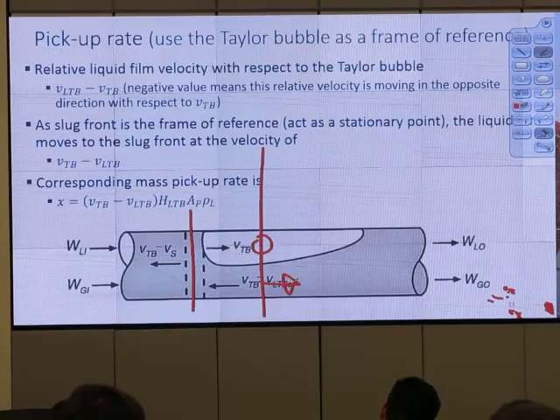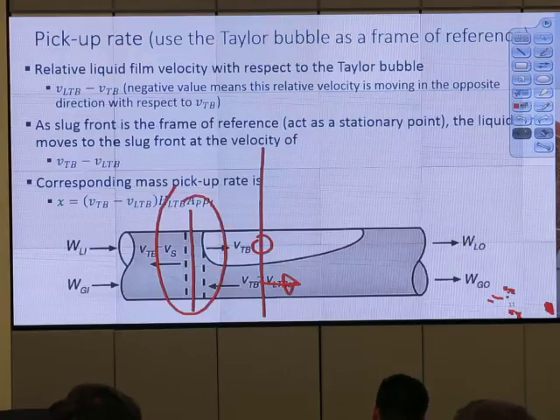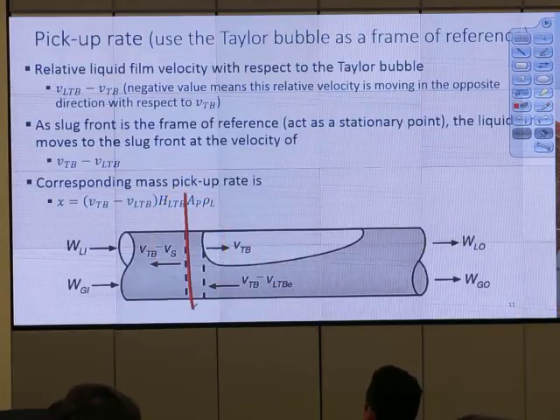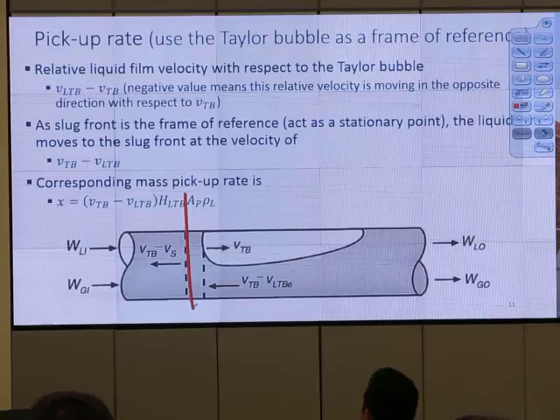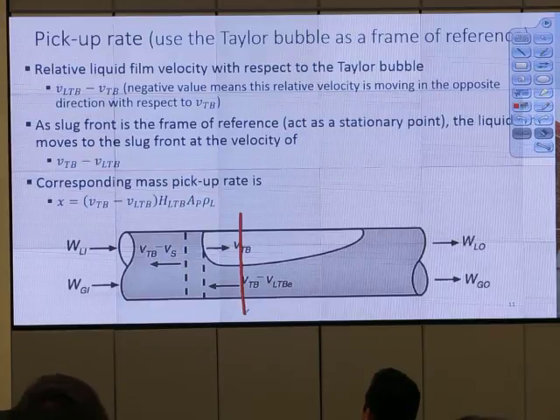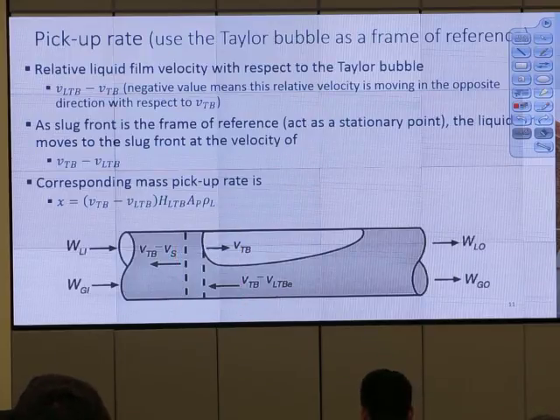If you look at the slug body, the mass flow rate may be 2 kilograms per second. But if you look at this part, the mass flow rate may be just 1 or 0.9. So at different locations in the pipe, the mass flow rate is not the same because density is not the same. Make sense?